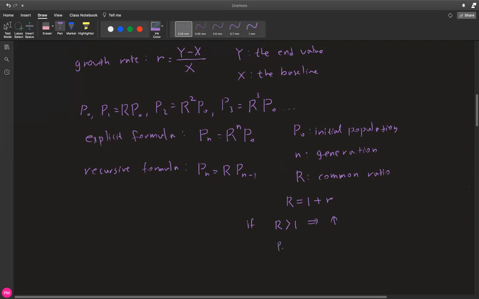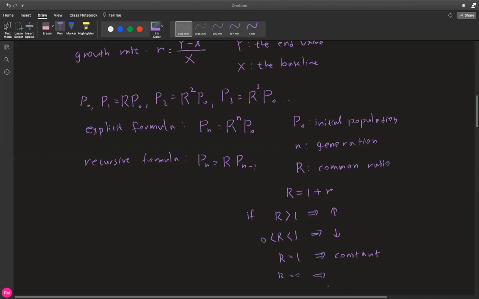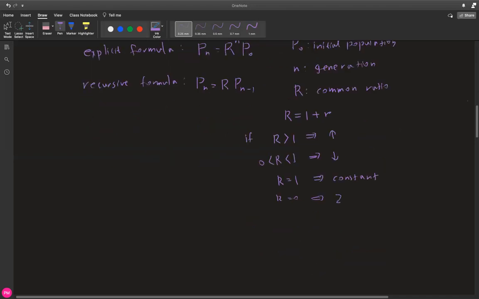If R is between 0 and 1, it is decreasing. If R is 1, it is constant. And lastly, if R is 0, it's a total collapse of the population.